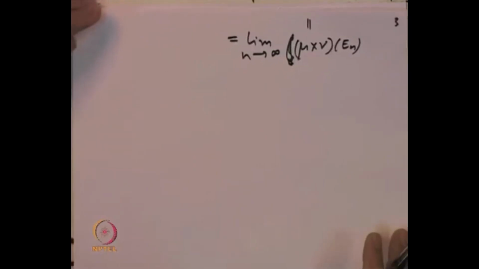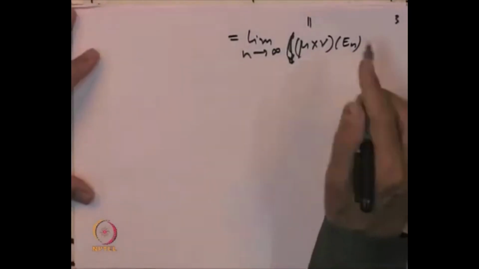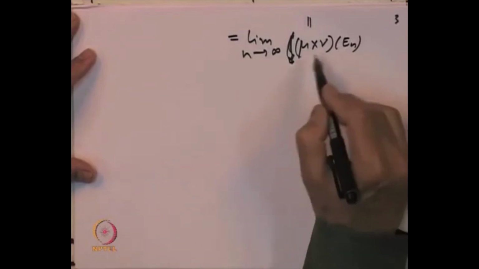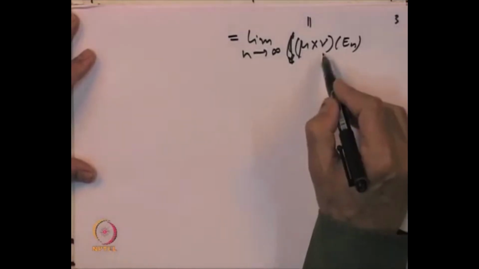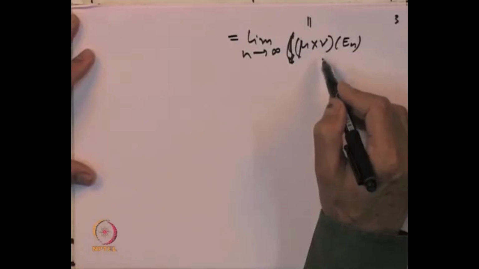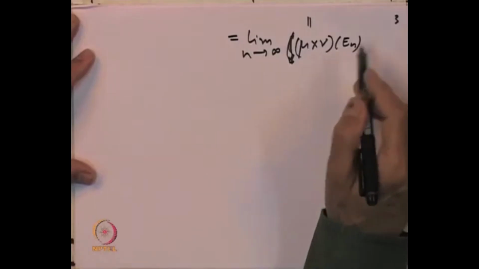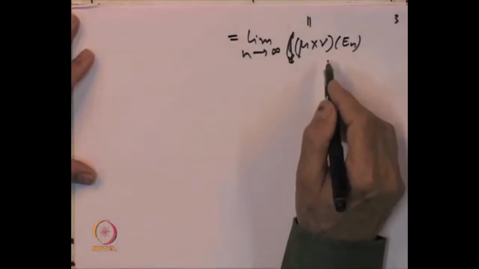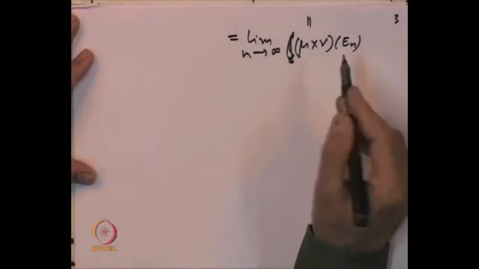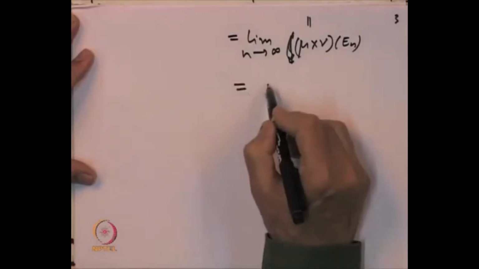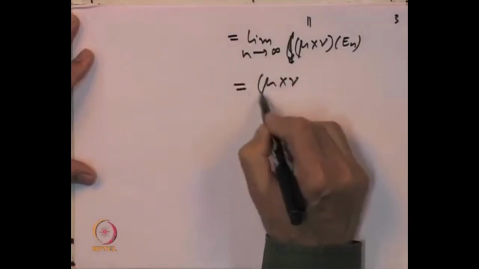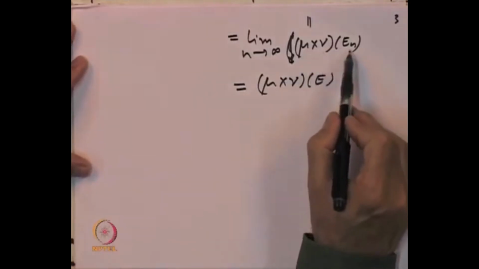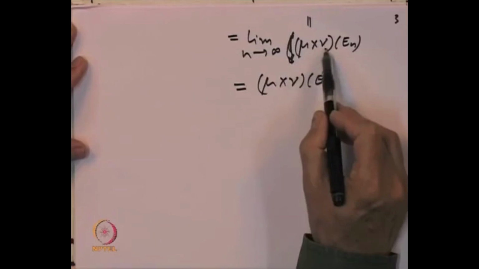Once again, let us observe that E n is an increasing sequence of sets in the sigma algebra A cross B, and mu cross nu is a measure. So, once again using the property of measure, that if a sequence of sets is increasing, then the limit of the measure of the sequence is equal to the measure of the limit. So, that is equal to mu cross nu of E. So, once again we have used the fact that E n is increasing to E and mu cross nu is a measure.